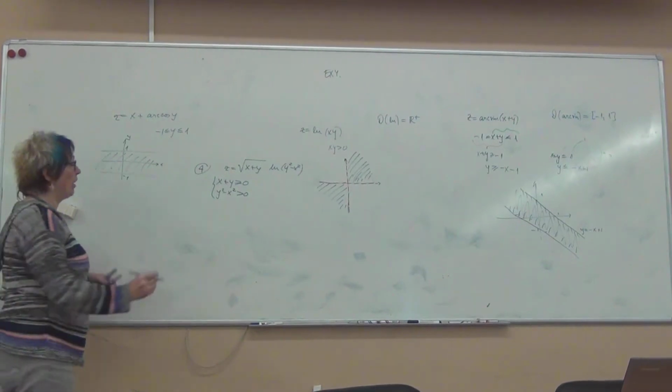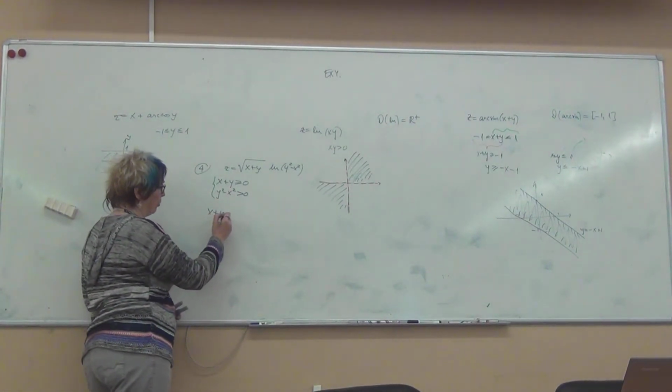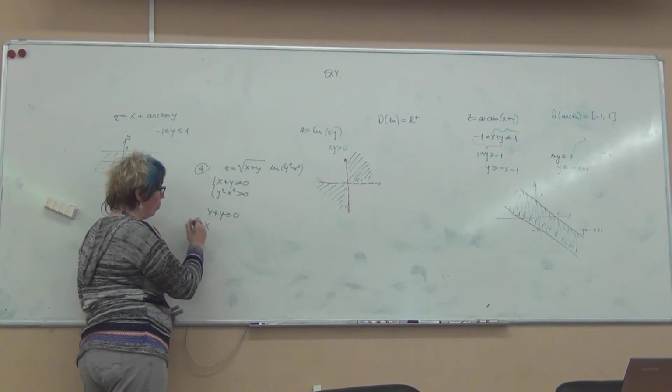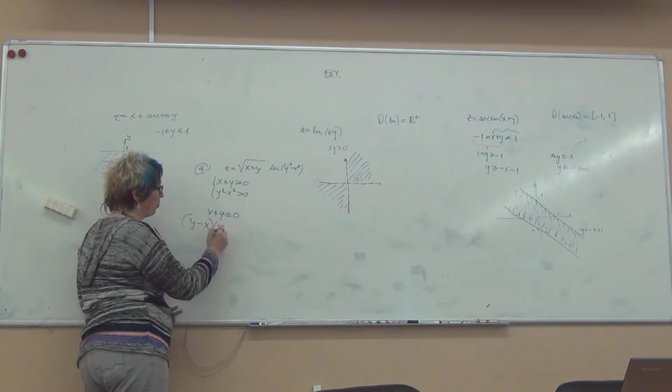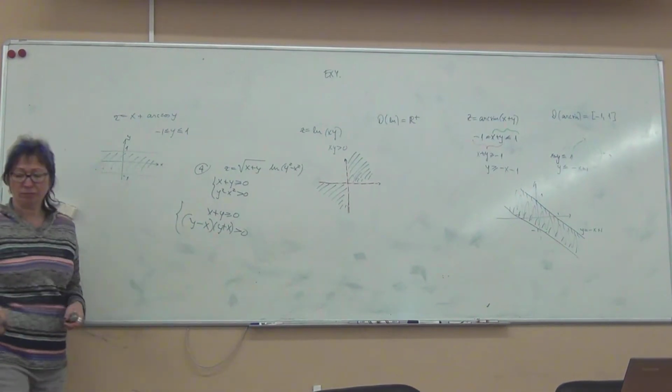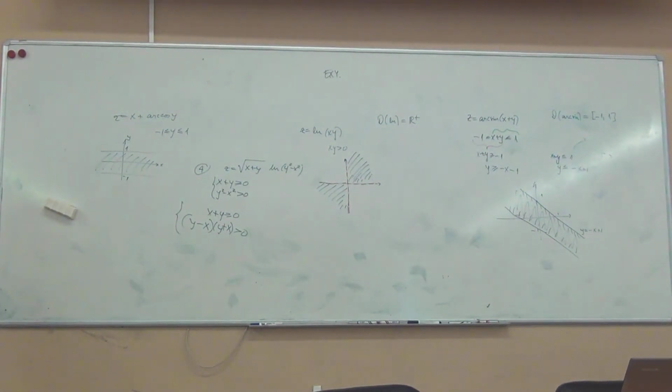So x plus y is greater than or equal to 0, and y minus x times y plus x has to be greater than 0. From this, what can we say?